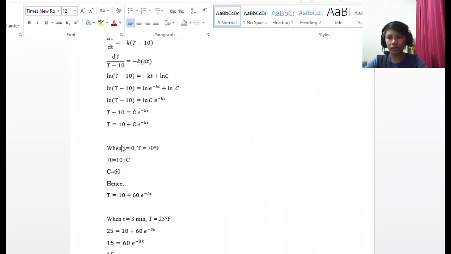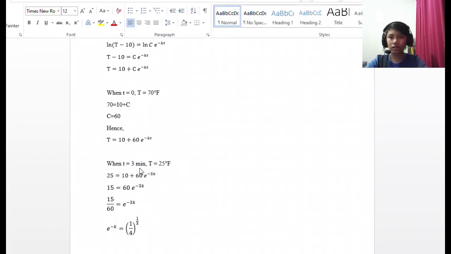After that, when t equals 0 and the big T equals 70 Fahrenheit, we substitute the value. 70 equals 10 plus c, and it will become c equals 60. Hence, T equals 10 plus 60 exponent to the power minus kt.